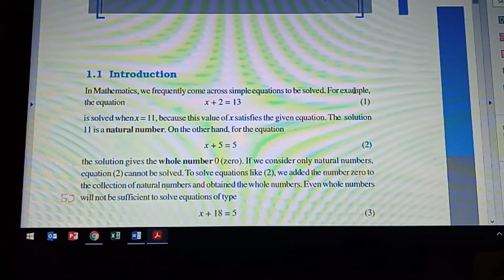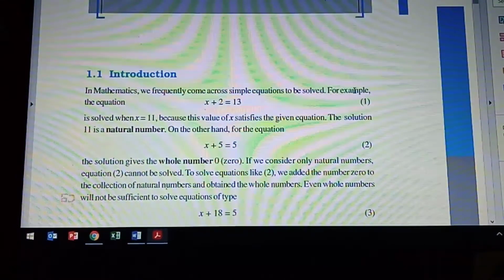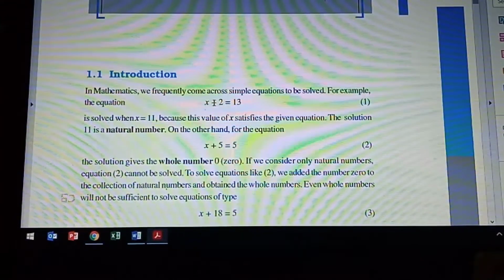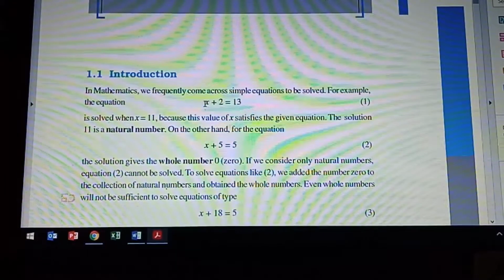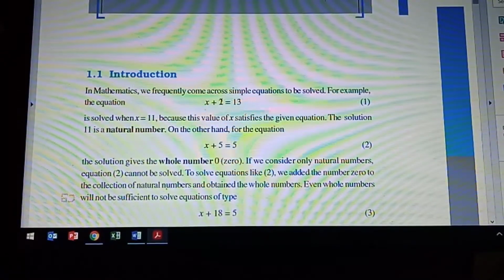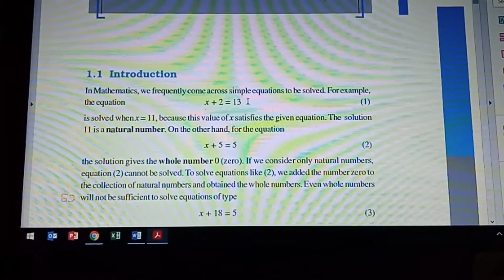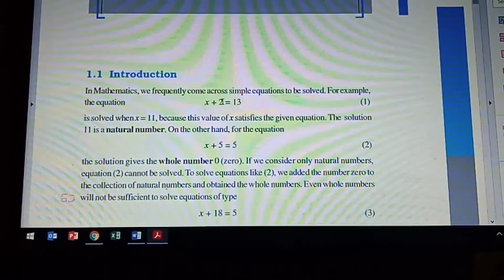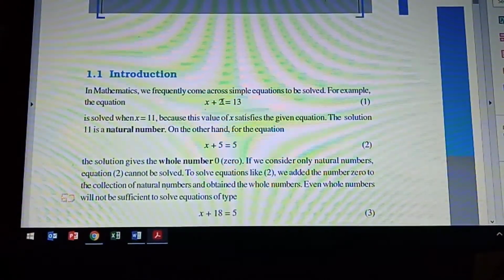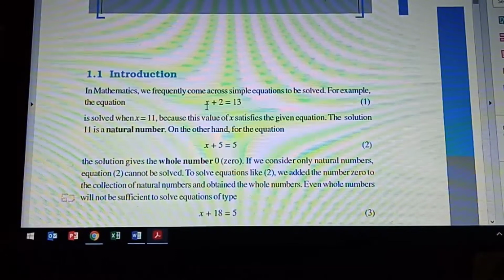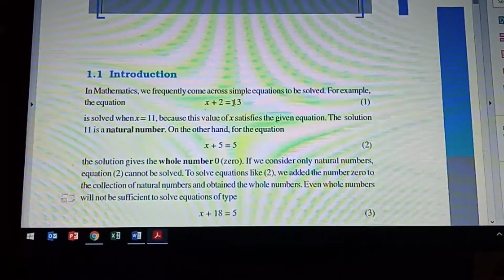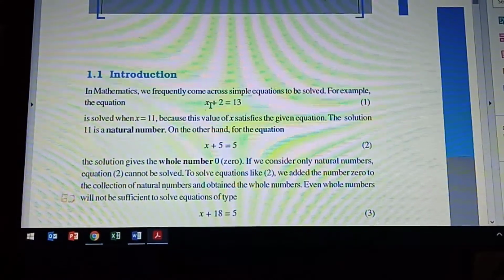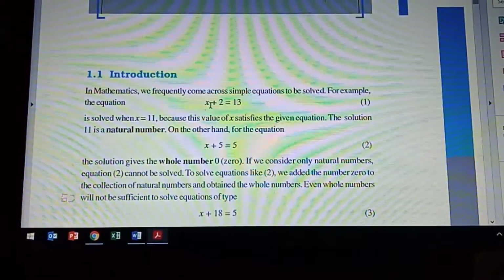How to resolve this solution? You see x plus 2 equal to 13. Then this plus 2, when it moves to this side, will be converted to minus 2. So x equal to 13 minus 2, then the answer will be 11.